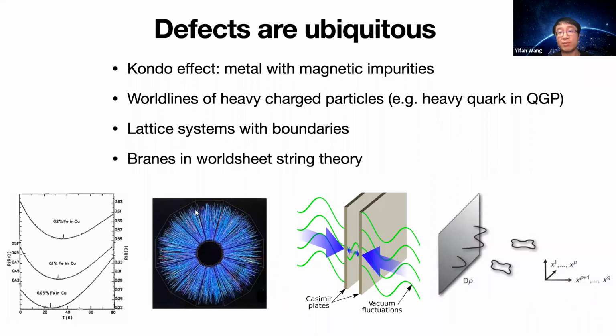In condensed matter systems, this kind of defect also shows up typically as boundaries of lattice systems, and they are important, for example, when we want to compute the Casimir energy between two plates of a lattice system, where the boundary condition will play an important role. And lastly, in string theory, these defects show up as D-branes. More precisely, they show up as boundary conditions from the worldsheet perspective.